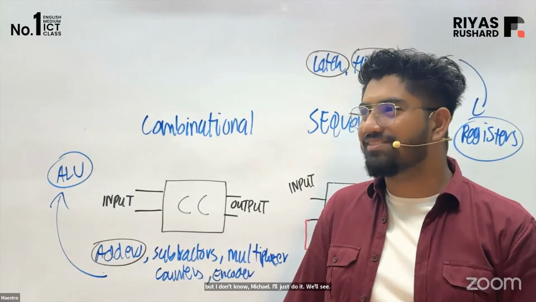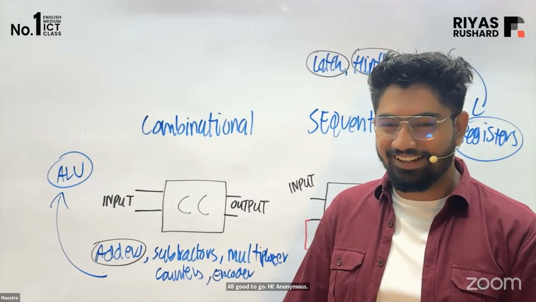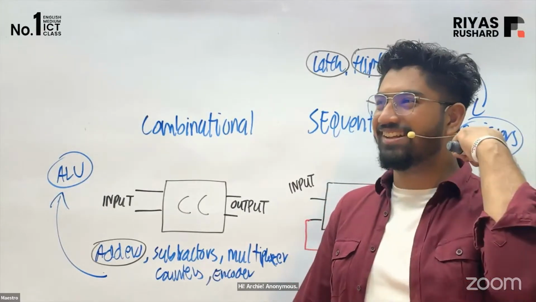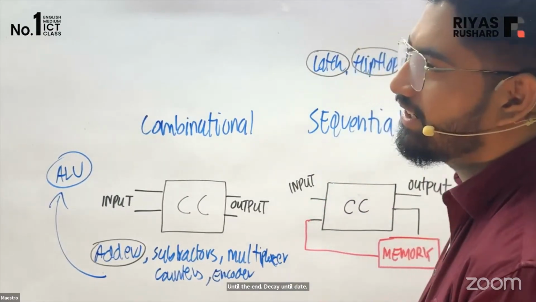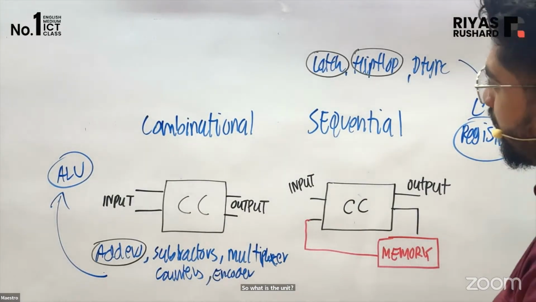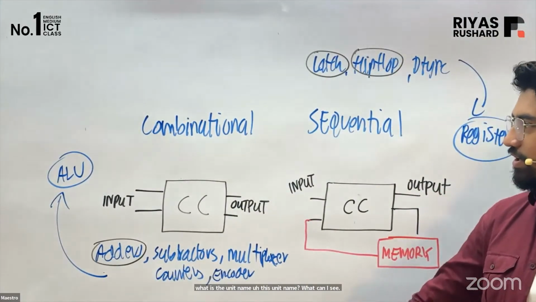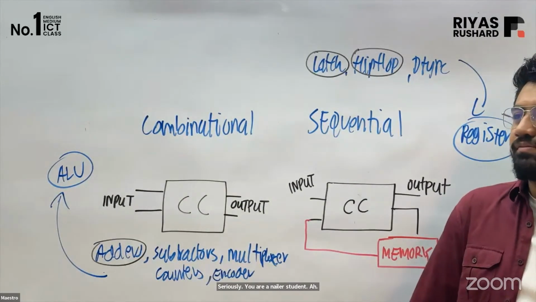Hi, Anonymous. Until the end. If you all wish, you all can write whatever you wanted. So what is the unit name? Seriously, you're an ALO student, Yusuf? IoT.